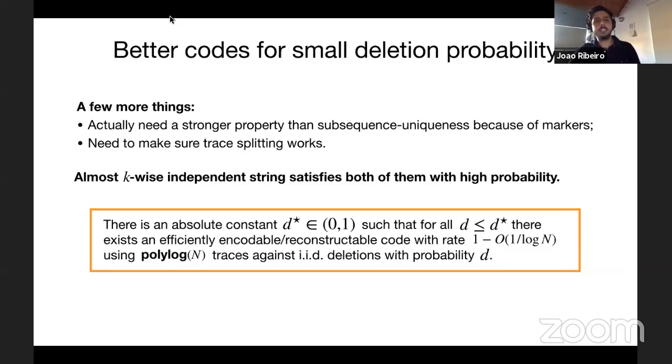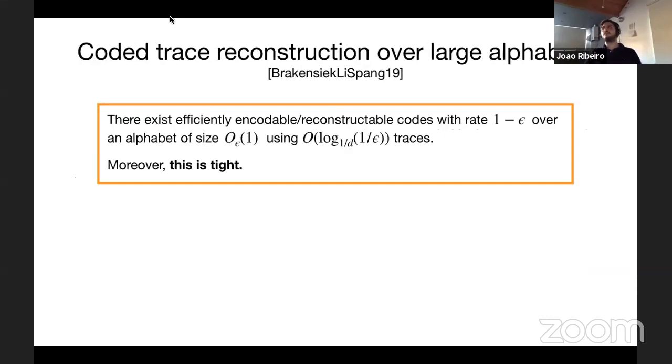Okay, so let's continue. Now this is the main result from our paper actually, and very recently another work came up by Barkensiak, Lee, and Spang. Very nice work, where they also construct codes for coded trace reconstruction. And their starting point is something that I already mentioned, which is trace reconstruction over large alphabets. So one natural thing to ask is, okay, we've been dealing with codes over the binary alphabet, and that's a very hard problem.